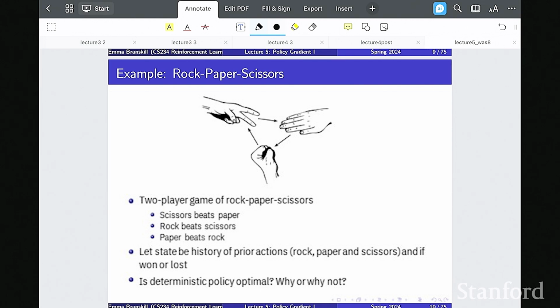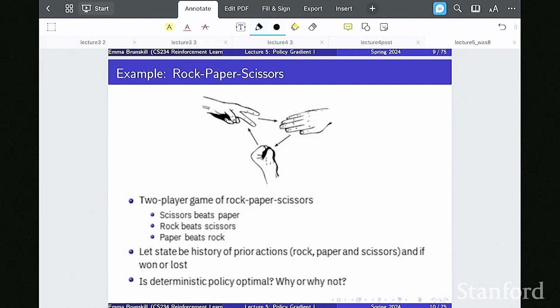Okay, someone who said stochastic, explain why. Yes. Because it's circular. There's no one best one that beats everybody. That's right. So there's nothing that strictly dominates all the other strategies. And also, if you're deterministic, what can your opponent do?